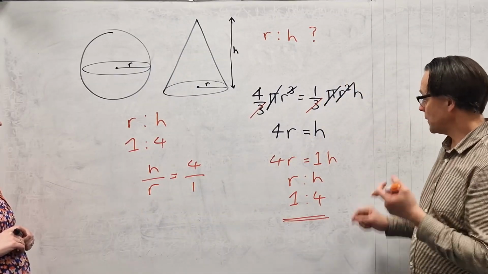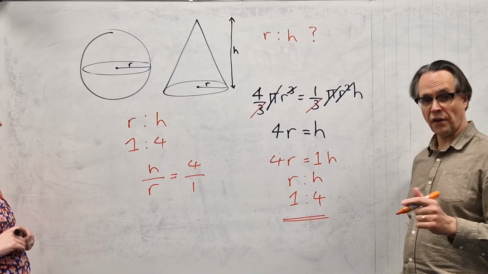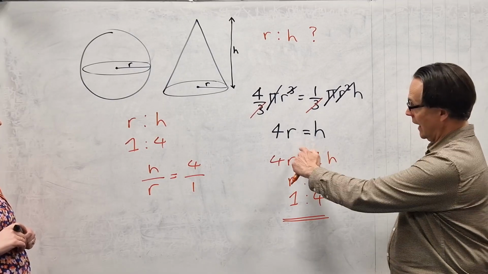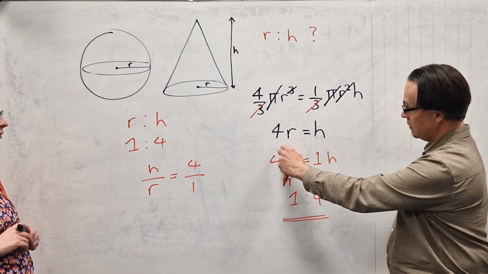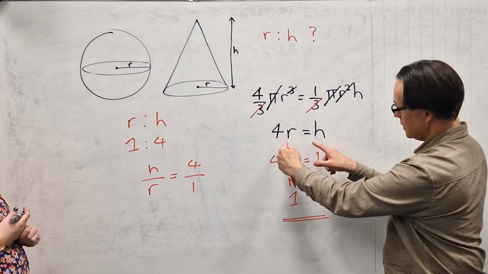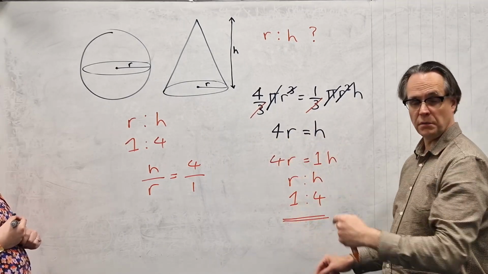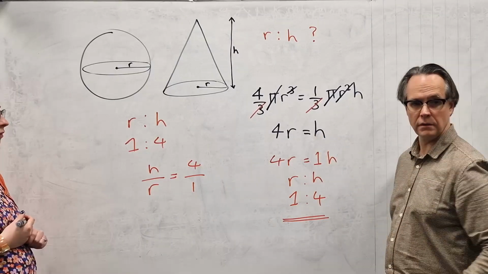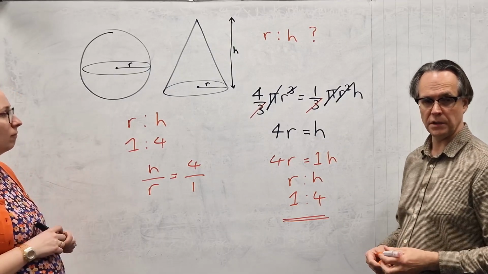But for now, some things are worth remembering as facts. If you've got something r equals something h, then r to h is the numbers the other way around, because it's a really common mistake. So don't make that mistake.